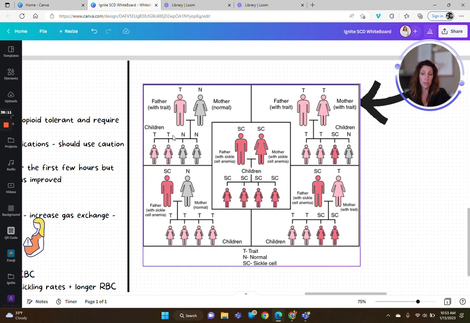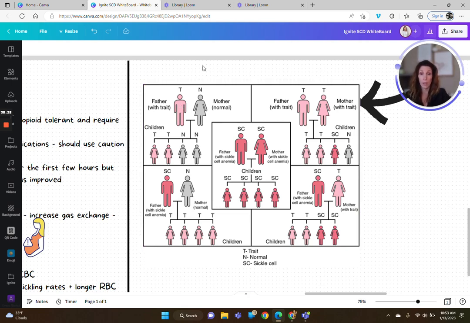So they will be asymptomatic, but they will have the trait. This is not really a huge deal, right? They have the trait, but they're not having any symptoms. It's not really affecting their day-to-day. Most of the time, they're not even going to know they have it.